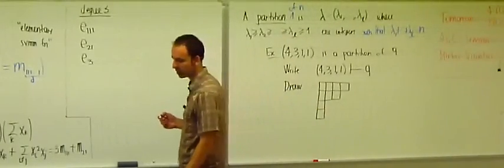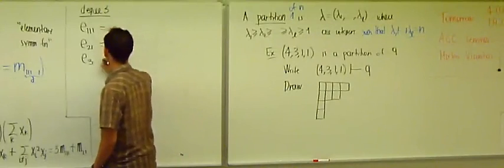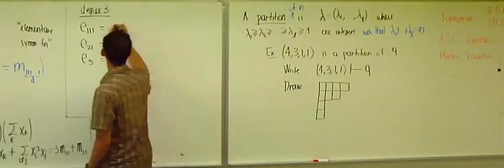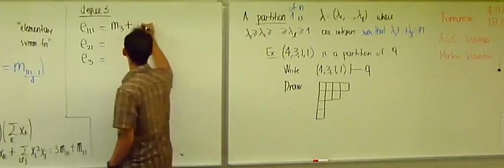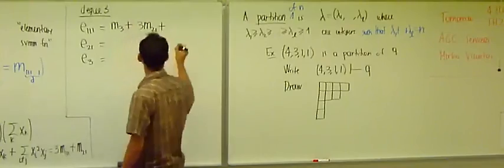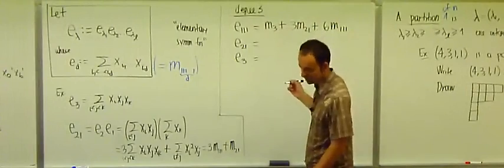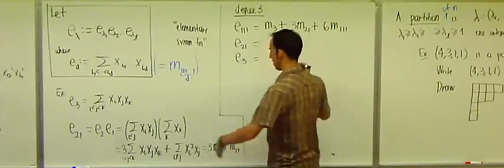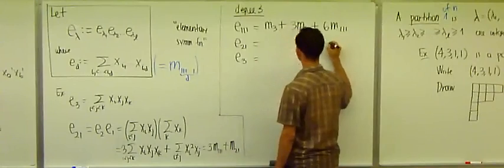And so when I do that, I get the following expressions: m3 plus 3m21 plus... You have to do this by hand or by computer, but you have to do computations like this. I'm just showing you what you get when you do it.